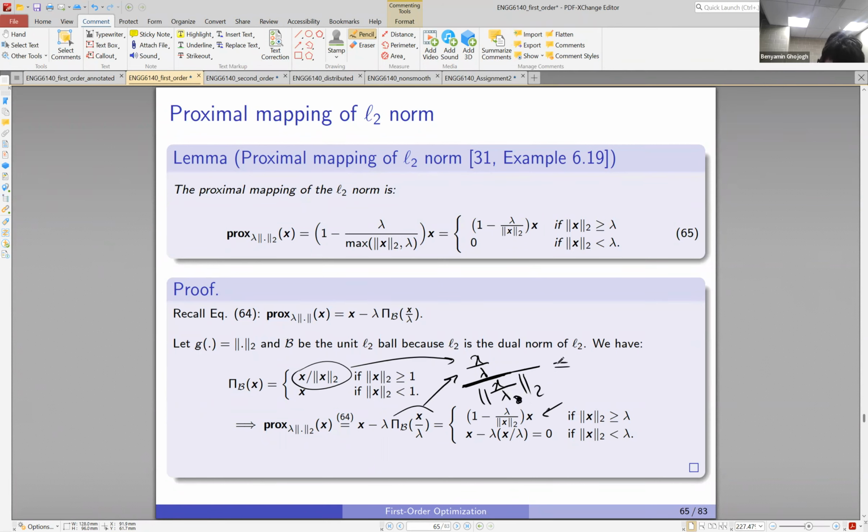But I believe there must be a square here, because when I calculated, I got this. When you have the square, you will have L squared in the numerator. Then when you cancel it, you will have L over the L2 norm of x. That's the reason. So that was one doubt that I wanted to clear.